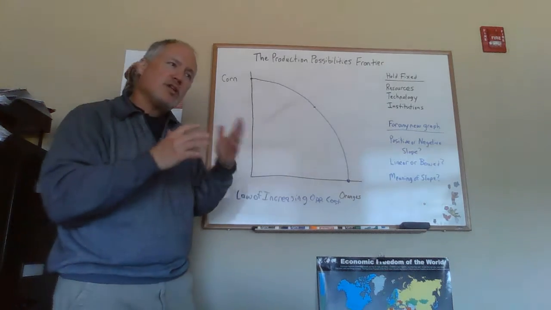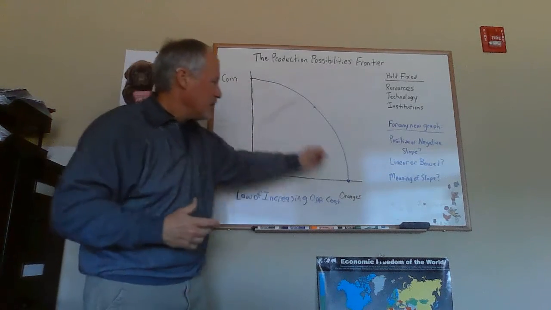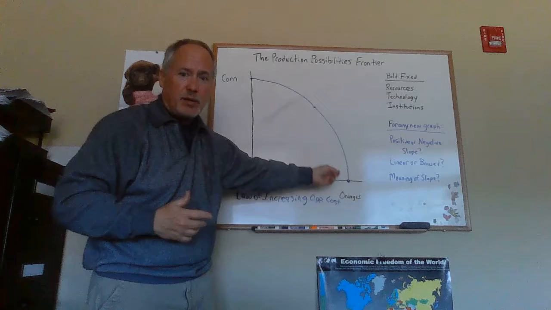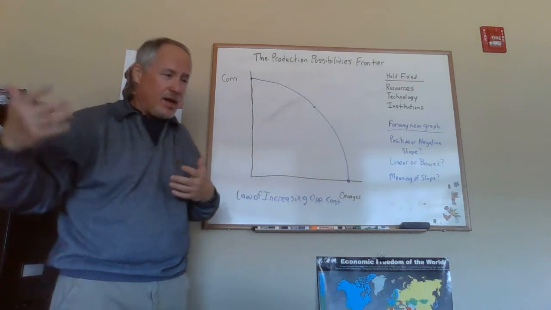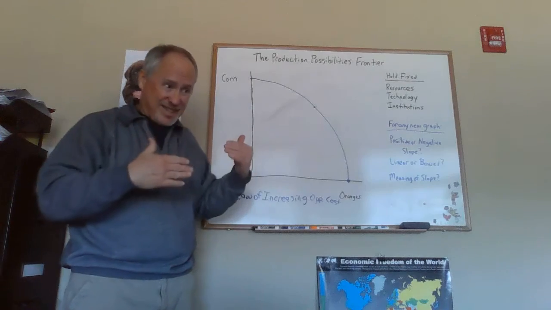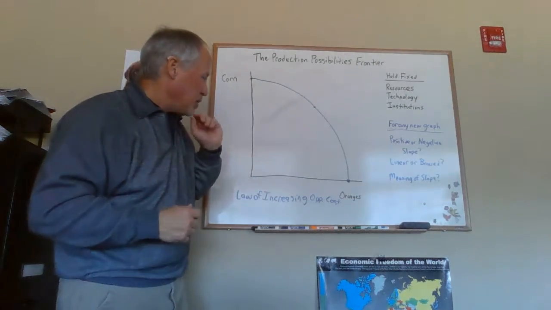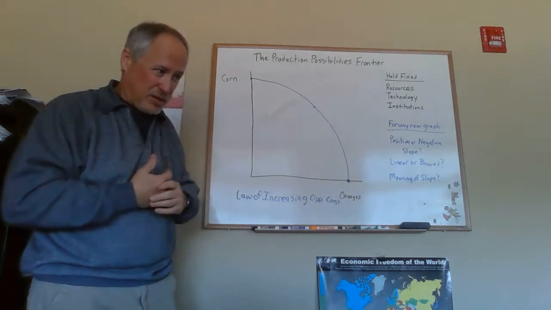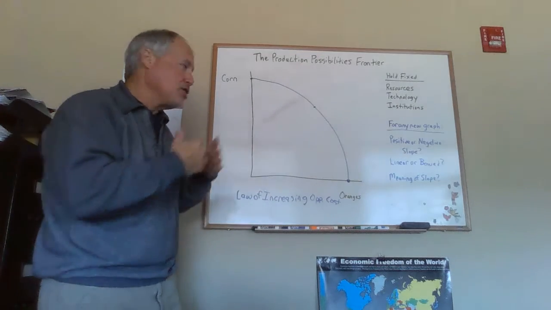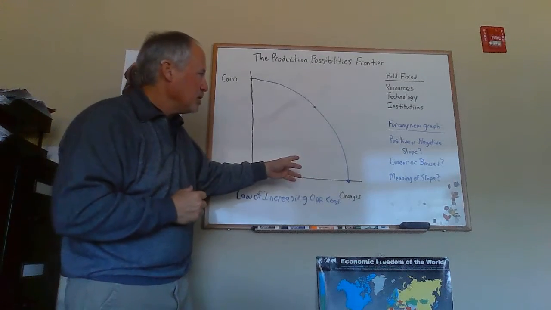Depending on the technology and the type of resources, if you don't have specialized resources, then the production possibilities frontier could, in theory, be linear. We have some simple numerical examples to illustrate in the book where we're going to have a linear PPF. But in most cases in the real world, since we believe we have specialized resources and we live in a world of increasing opportunity costs, we're generally going to draw this PPF to have a bowed shape to it.